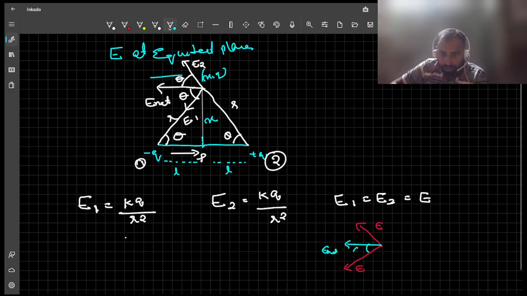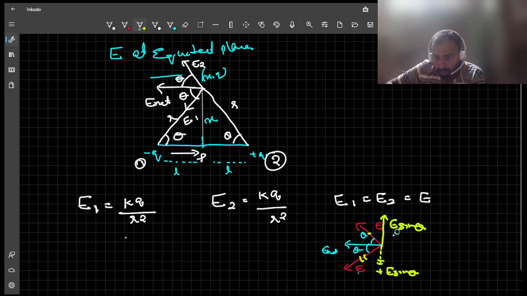And this angle is theta. Also, this angle is theta. This is a vector and this is also a vector. So I can resolve the components: this is e cos theta, this is e sin theta. This is my e sin theta for this vector. This is my e sin theta for this vector. You see, the e sin theta components are equal and opposite.